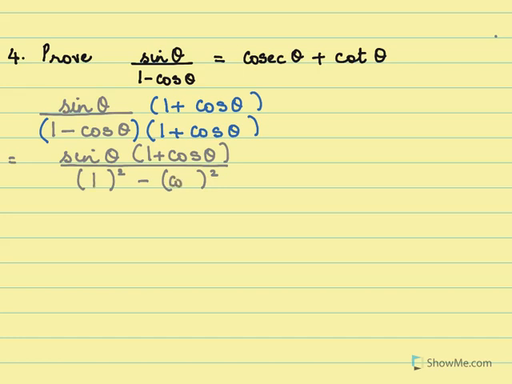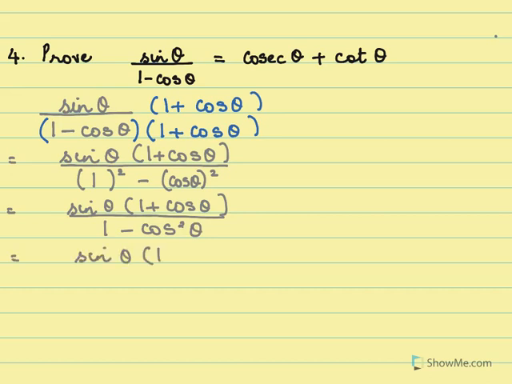So here 1, and this would be cos theta. So now I'm going to go ahead. So this is sin theta, you have 1 plus cos theta, and I got now 1 minus cos square theta. So numerator sin theta, I copy it as it is.